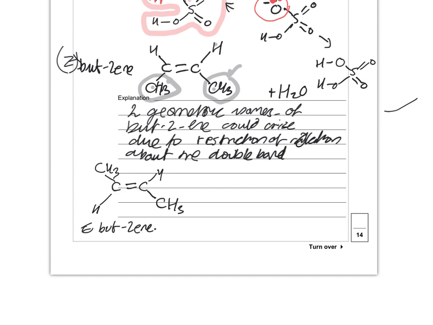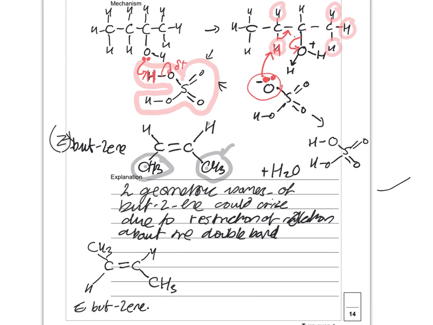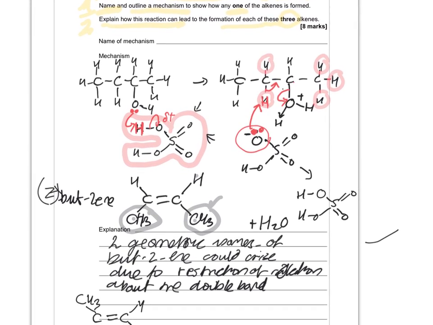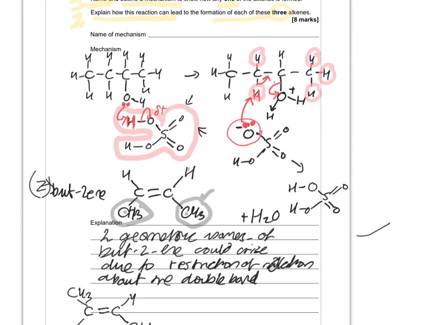So how do you explain the formation of a third isomer? Well, if we look at the structure, a proton could have been taken instead of from carbon 3, could have been taken off carbon 1. So one of these could have been removed.